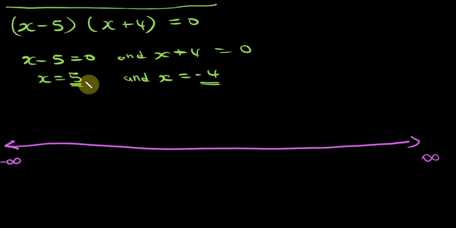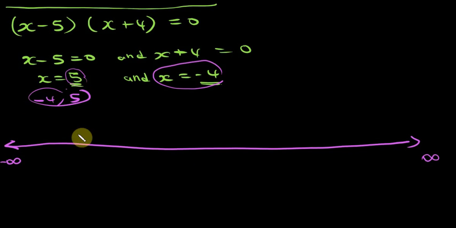On the number line we'll have positive 5 and minus 4. So let's arrange this in ascending order. We'll start with minus 4, then 5. So we'll put minus 4 and put 5 here.